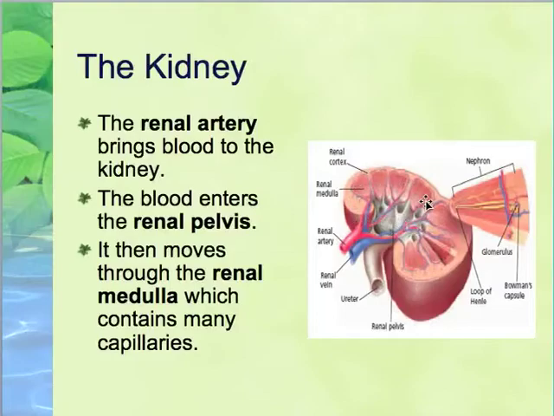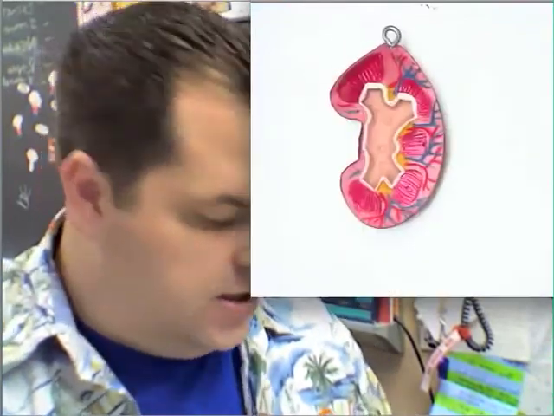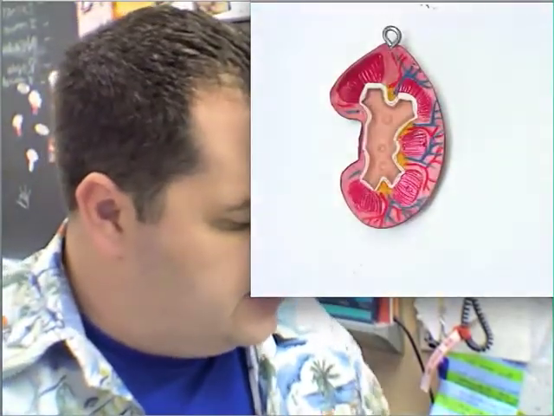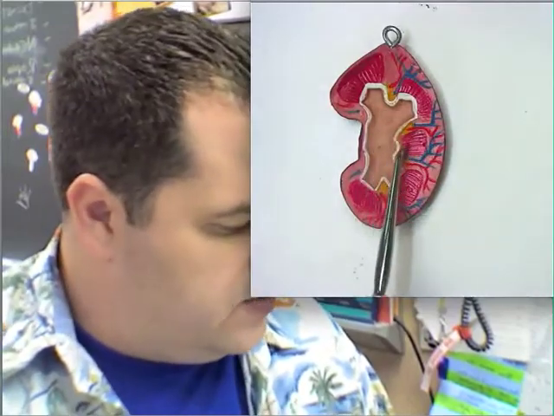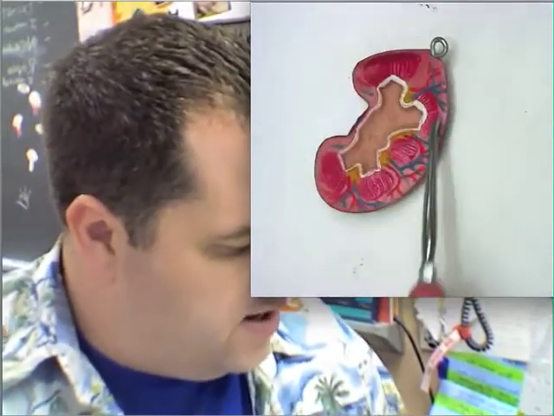Now, I'm going to go ahead real quick and bring up a picture that I think might help us sort of understand this a little bit better. This is a cross-section of a kidney from a human subject that we looked at. All right. If you look here, we've got the renal pelvis here, and then we've got the medulla, and then this outer area here is called the renal cortex.